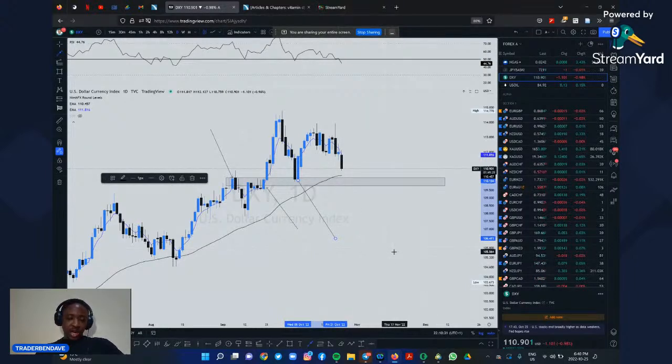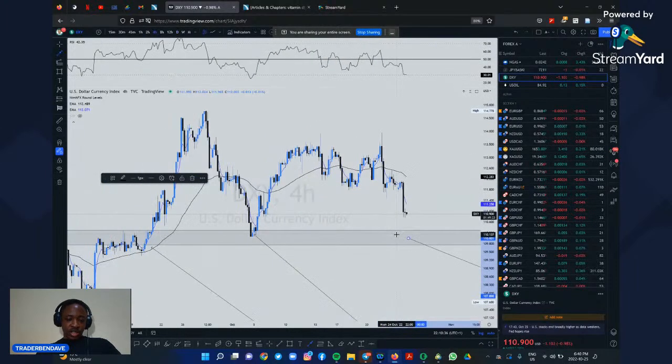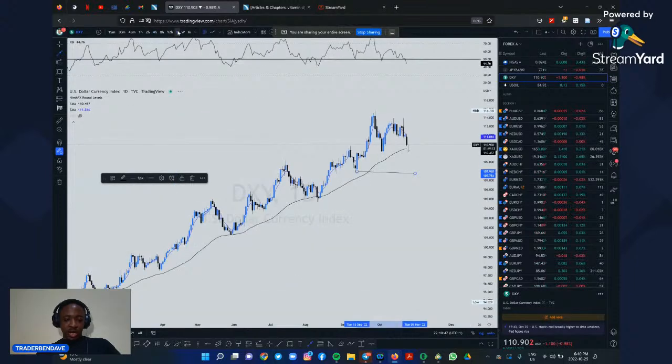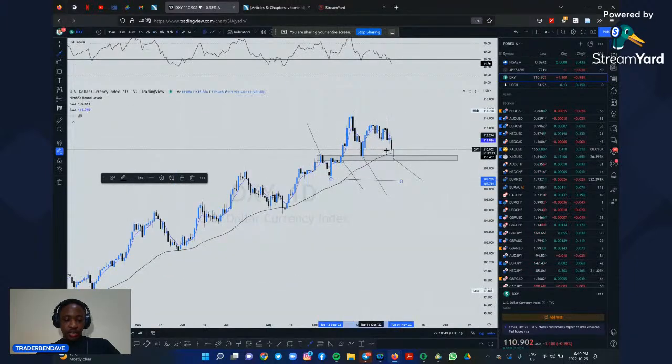If the dollar is going to be weak long term, you need to break this level here. But currently on the 4 hour, we see this level here that price needs to approach. So if price breaks that level, then the next zone would be this level on the 4 hour time frame. But if you look at the daily, if price is testing this level, this is what we are going to see: a break, test of this level, and a retest.